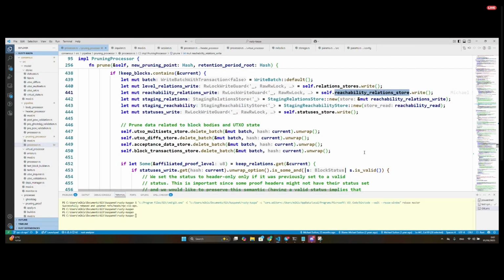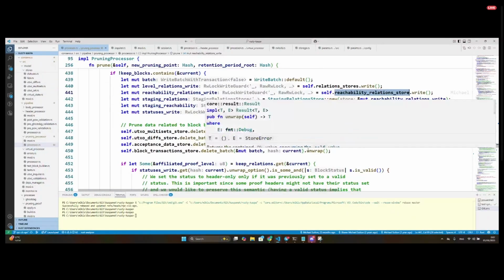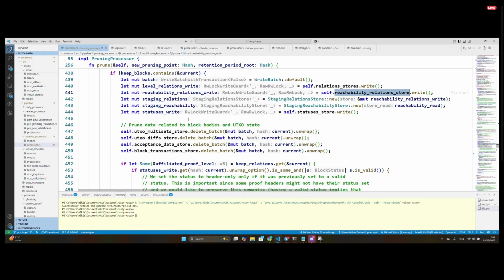But there is also another additional relation store, which we call reachability relations. Originally, it's exactly identical to level 0. It has the exact same parents and children like level 0, but the way it's pruned is more sophisticated.